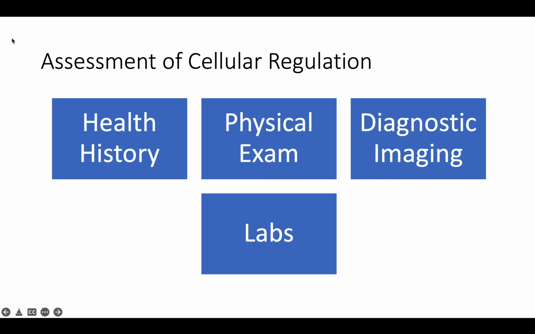We also want to monitor vital signs. Sometimes with anemias, we can see tachycardia, or a fast heart rate, in a patient with anemia. We could also see a low blood pressure. Remember, there's a fluid loss, so low blood pressures could be part of a cellular regulation issue. We also want to monitor temperature when we're looking at vital signs.